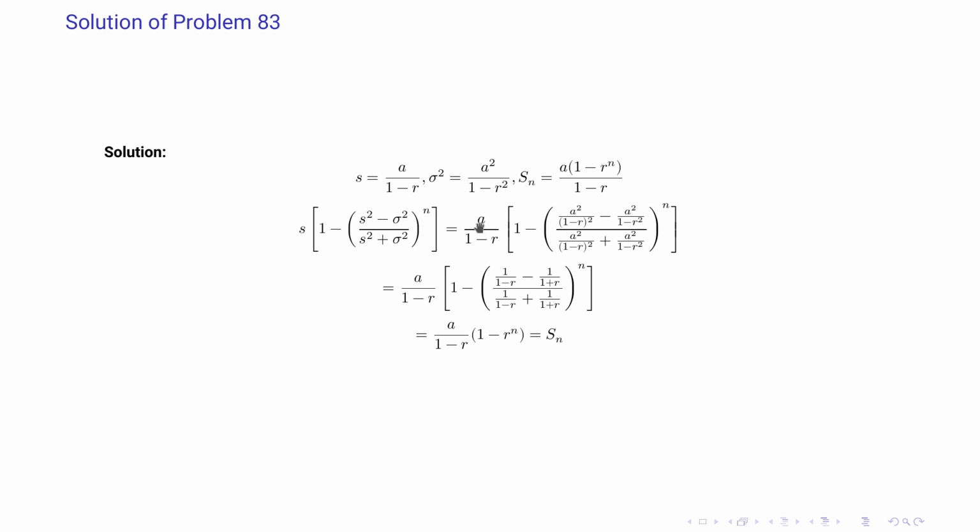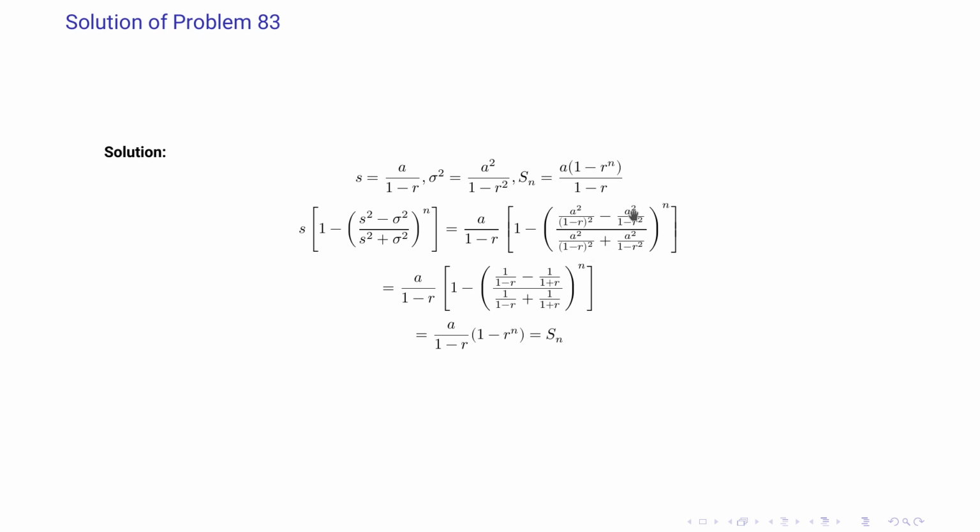So we substitute for S, we get A by (1 minus R) here. We substitute for these two over here. So we get A square by (1 minus R) whole square minus A square by (1 minus R square). And similarly in the denominator we have plus.